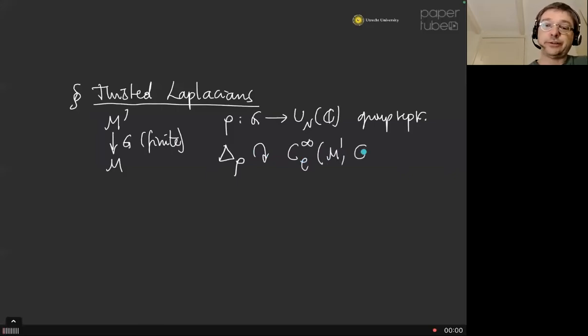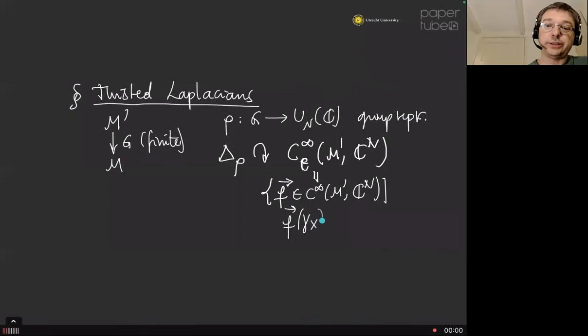functions that are vector valued on the cover. And for the vector valued functions on the cover, you see the small representation here. This is because you're only interested in equivariant ones. I'll write a vector because it's n-dimensional valued. So I'll just write a vector for such a function on the top manifold and consider only functions that transform according to the representation.